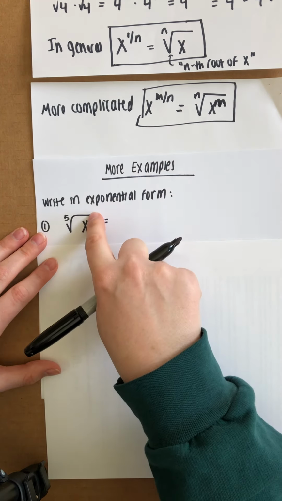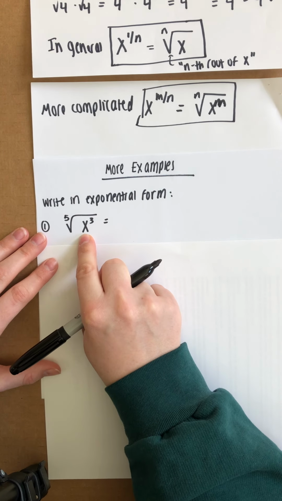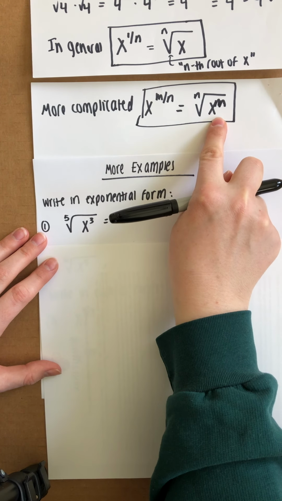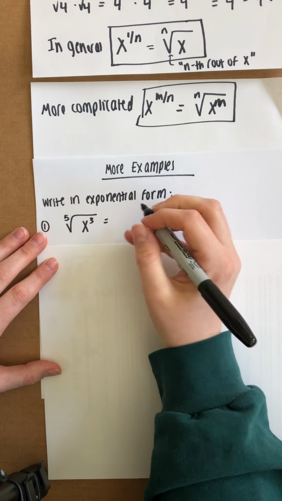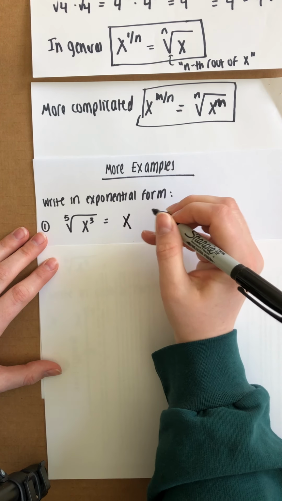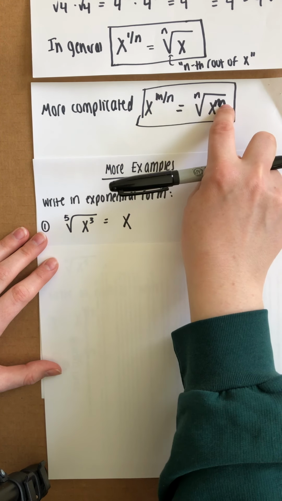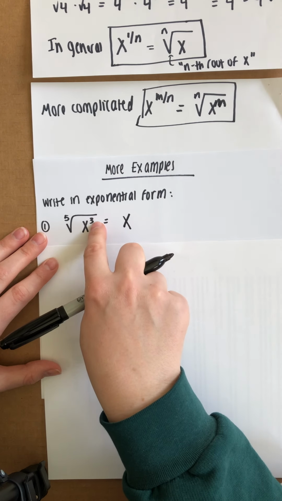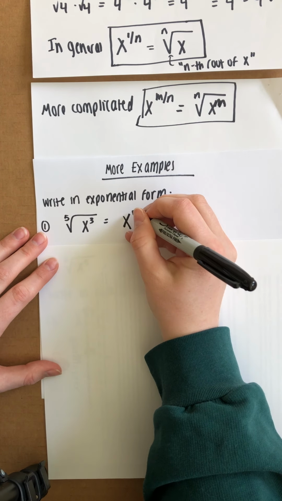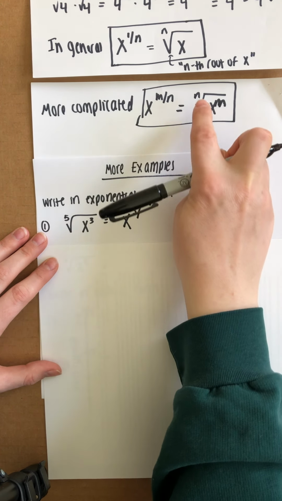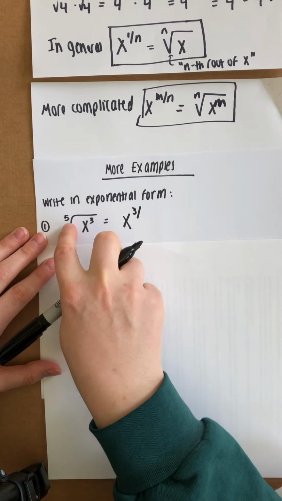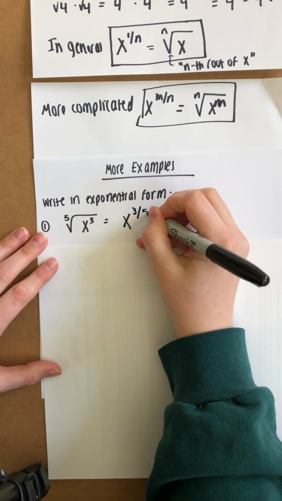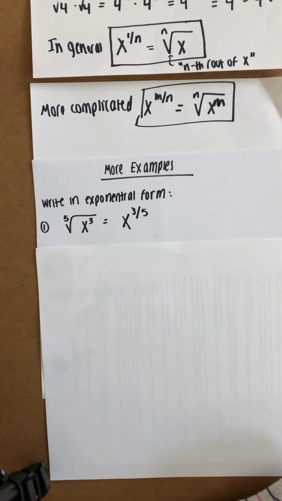Instead of m, we have 3, and our x is still the same. So to go from this right here back, we know we're still going to have an x. We know our m was the exponent inside the radical. So right here, that's our m. And our n is the degree of the radical, which is 5. So this equals x to the power of 3 over 5.